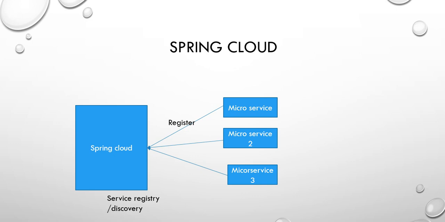The server application includes the dependency that makes it act as Spring Cloud, and the microservice that includes the client dependency acts as a client to that server and registers itself to that server's registry.